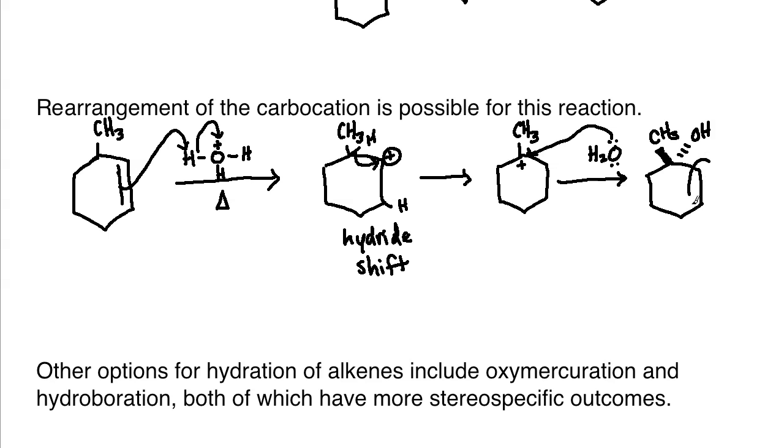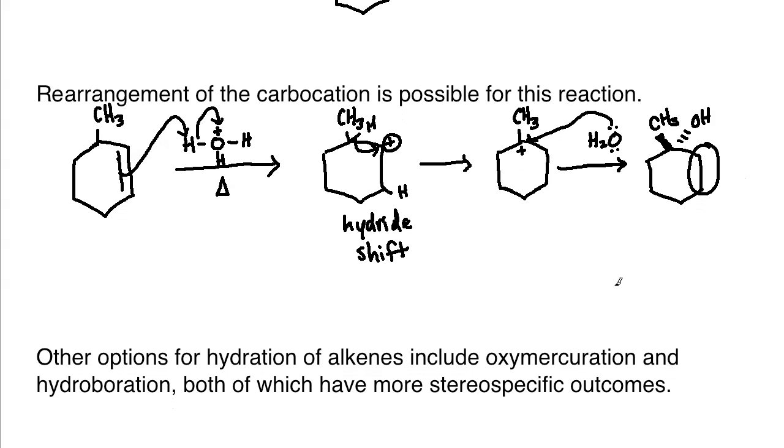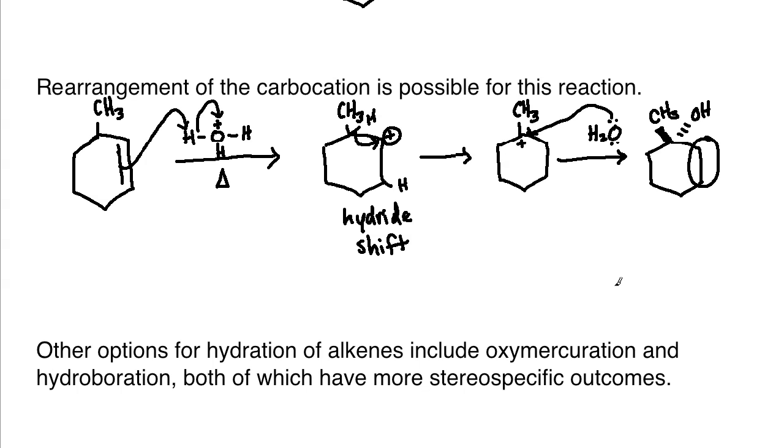And this position right here, which originally contained the alkene, does have the hydrogen that added, but the alcohol has added to the position that was directly next to it due to a rearrangement of the carbocation, which is going to happen in situations where you could get better stability from a neighboring position due to hyperconjugation, provided it has a methyl or a hydride, meaning a hydrogen, that it can shift.